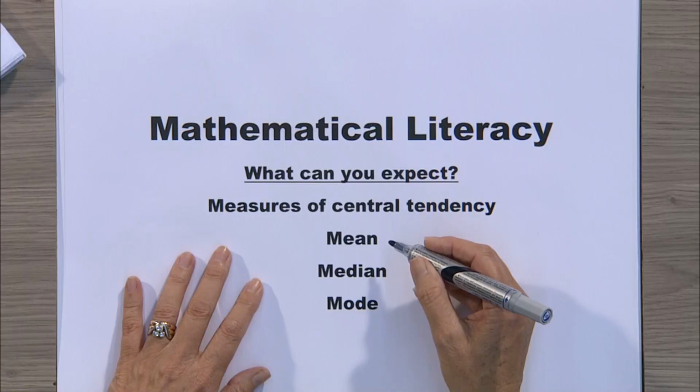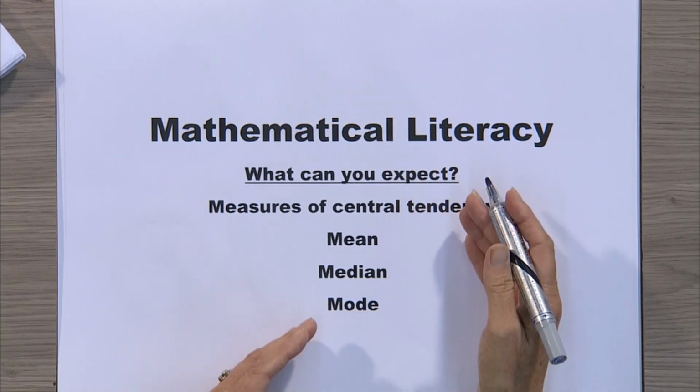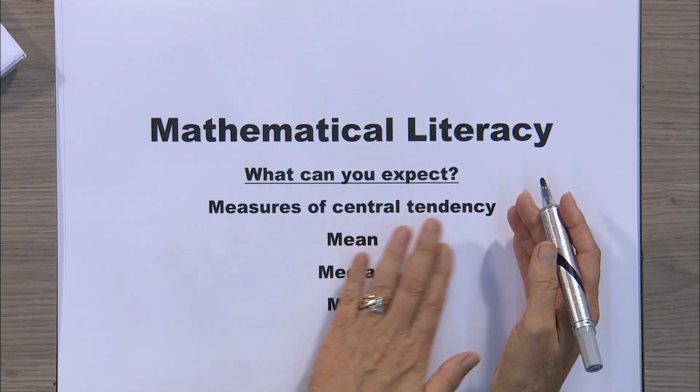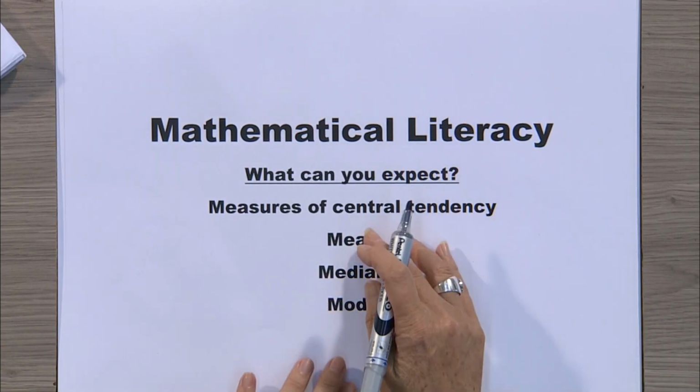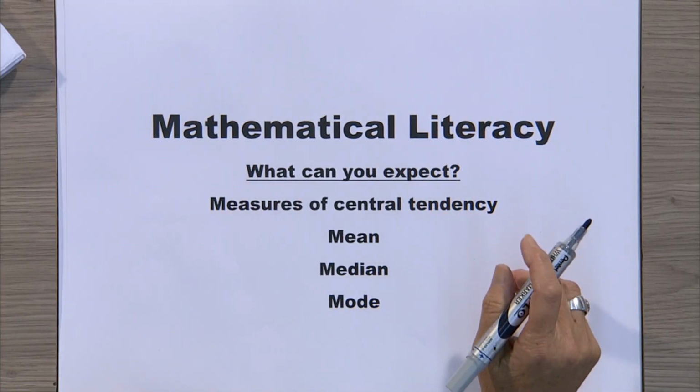And if you don't know what the measures of central tendency are, then you don't have a clue how to answer the question. So grade 12s, it is important that you understand that measures of central tendency are mean, median, and mode. Their collective name is measures of central tendency.